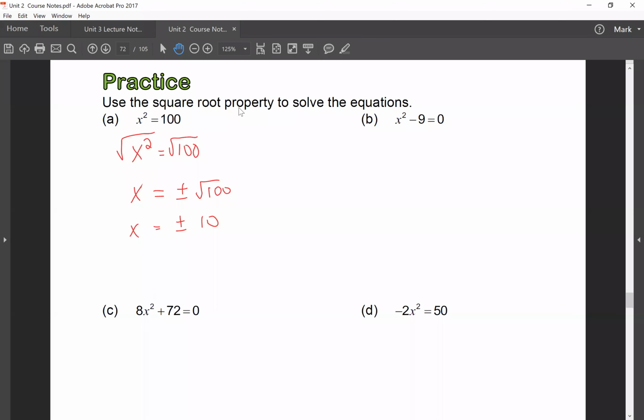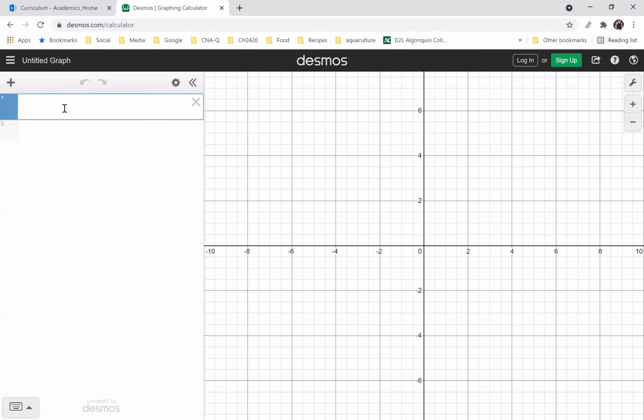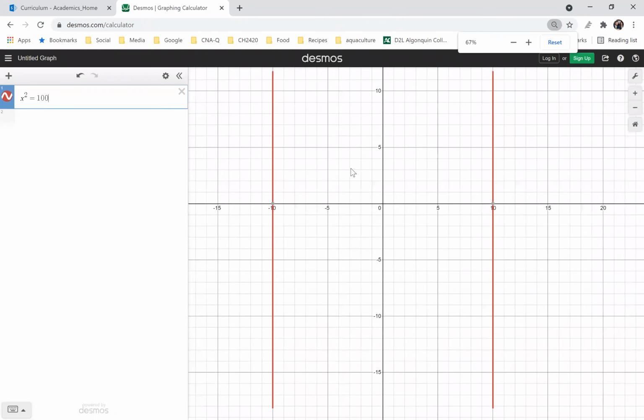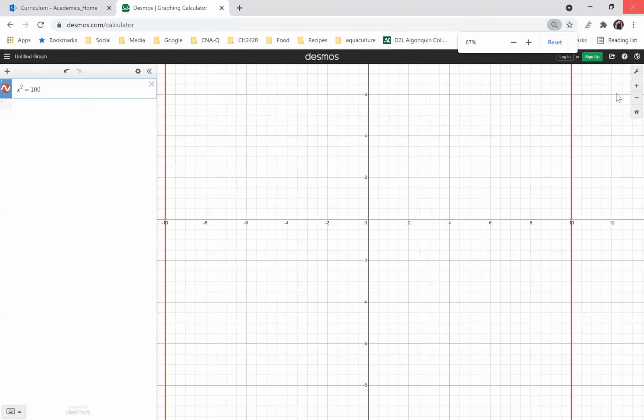Now, let me show you something real quick. I'm going to graph this. So x squared equals 100. Let me zoom. I didn't mean to zoom out of my page.